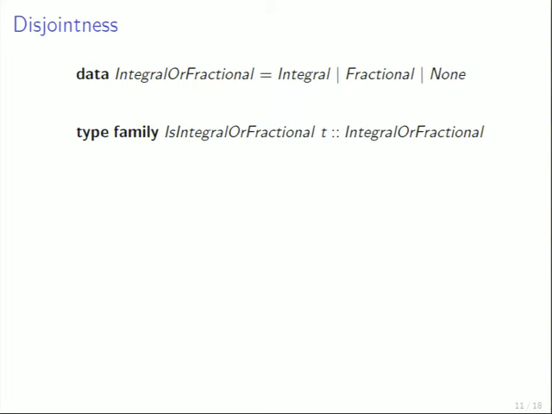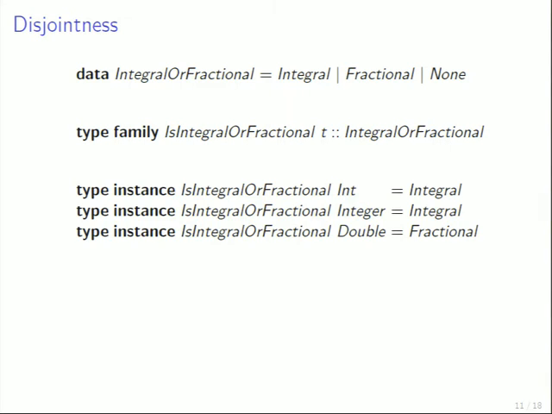Second one is disjointness. Sometimes we don't want type classes to have overlapping instances. For example, here, we don't want whatever is an integral instance to be a fractional instance, and vice versa. What we can do is have a function which decides whether a type is integral or fractional. Right?